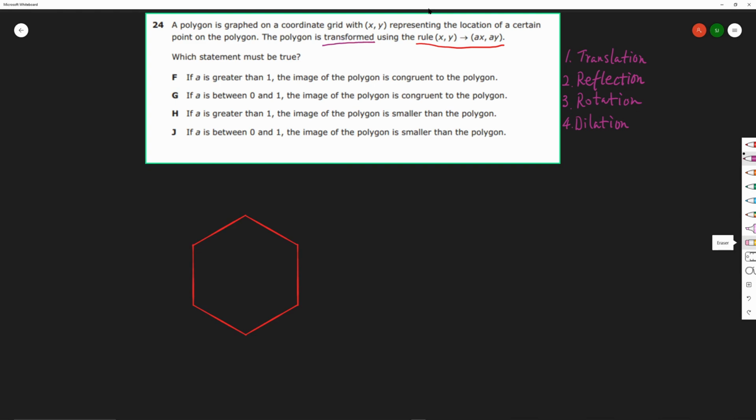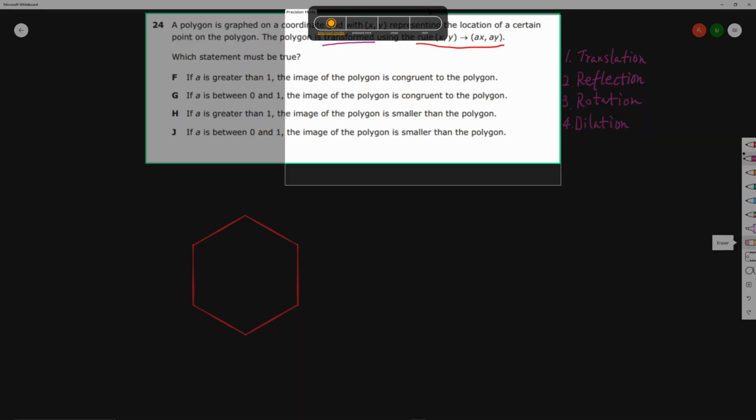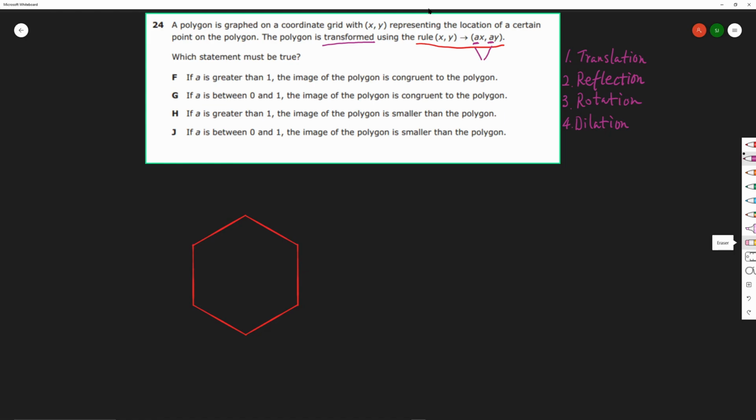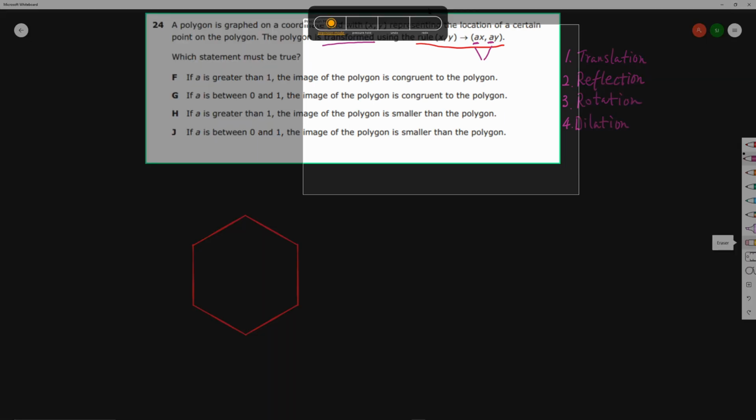As we all know, different transformations have different rules of change. So based on this rule, from x, y to ax and ay, the x and y both multiply by a common term of a. So this is actually a dilation, with a being the scale factor.